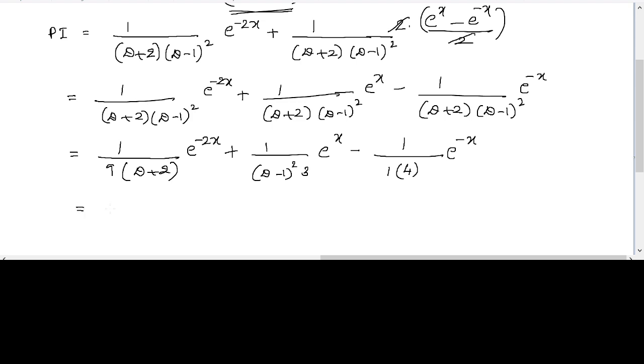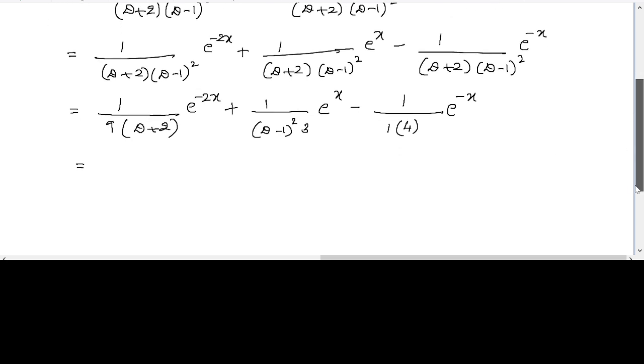So what do we do in the next step? In the next step, while replacing D by -2, we are going to get 0 here, right?